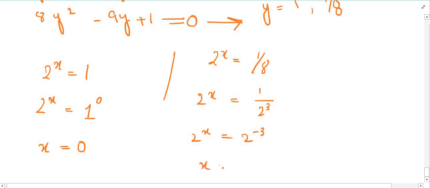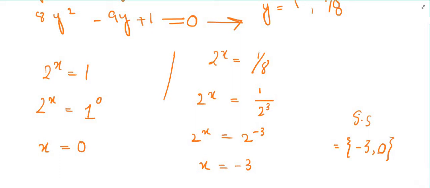So x is minus 3. That means solution set is minus 3 and 0. Solution set is minus 3 and 0. Okay.